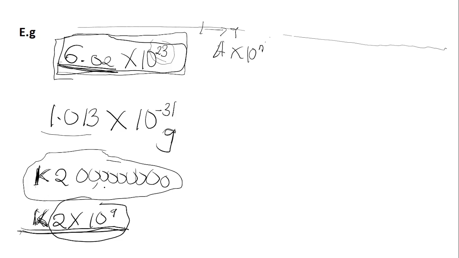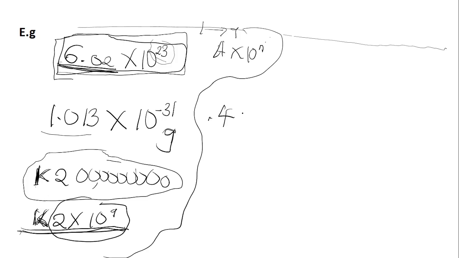Okay. So now that we know how to express numbers in standard form, it's only right to note that in chemistry there are always calculations. You are not just going to be asked to express a number. What if they ask you, what is 4 times 10 to the power 7 plus 5.2 times 10 to the power 8?